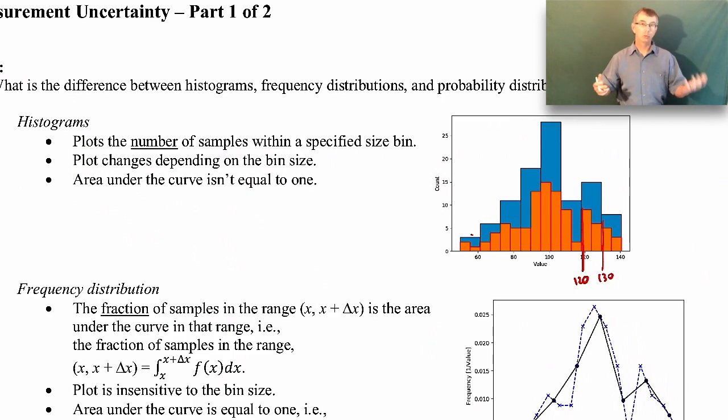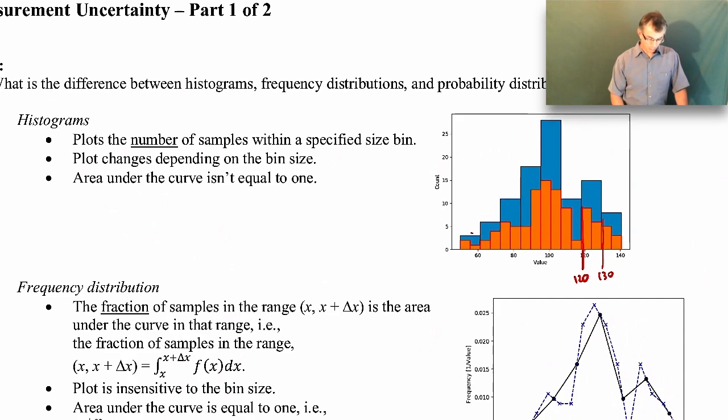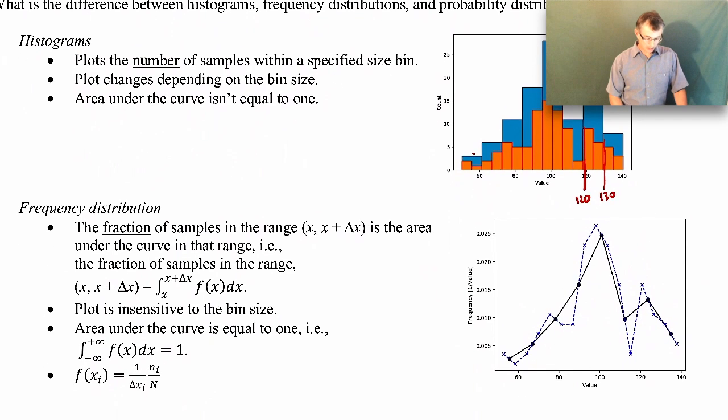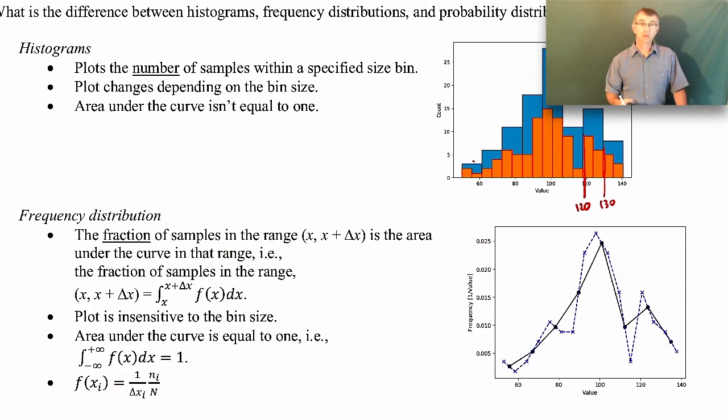If everything's changing from one plot to another plot, it's just hard to do a comparison. So histograms are easy to make, but they have some flaws. They change depending on their bin size. They're just not ideal. So what is typically done is modifying that histogram to what's called a frequency distribution.